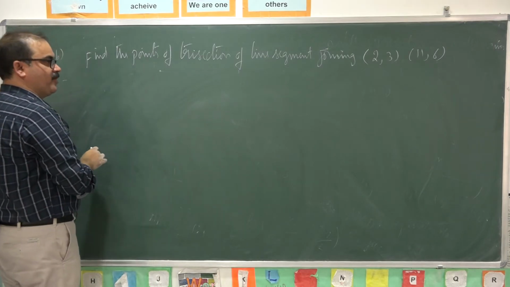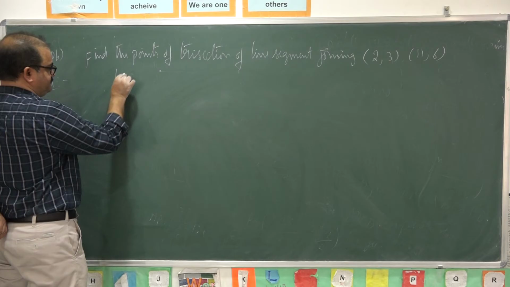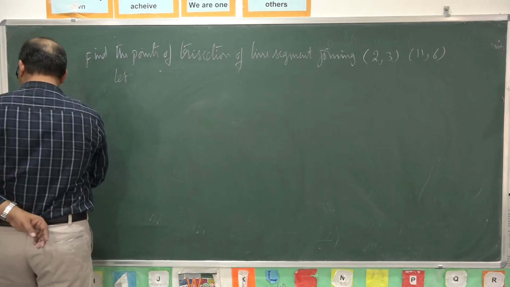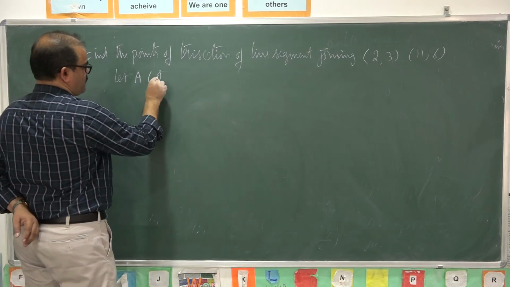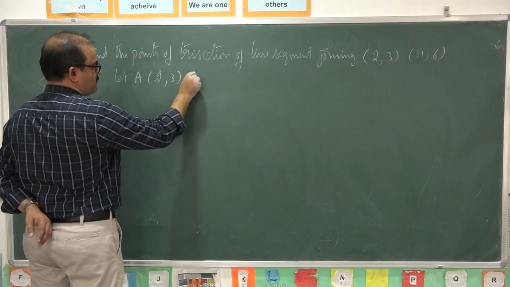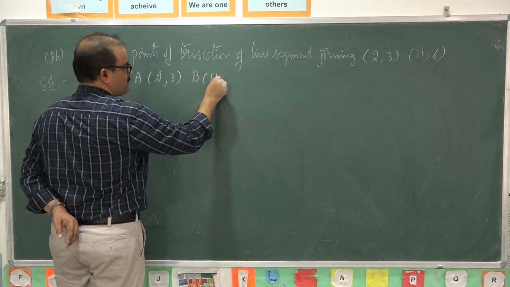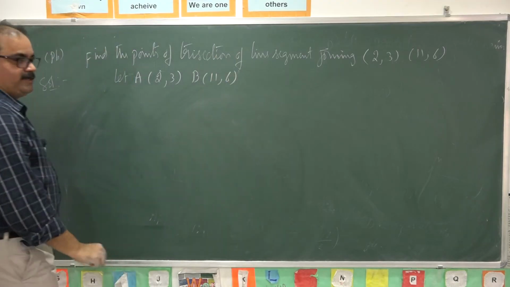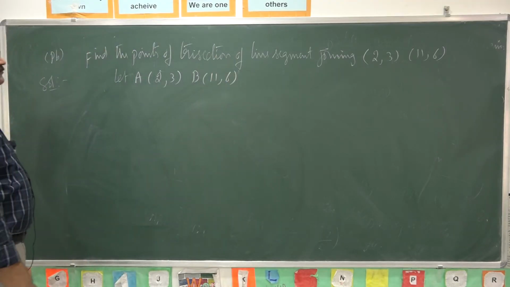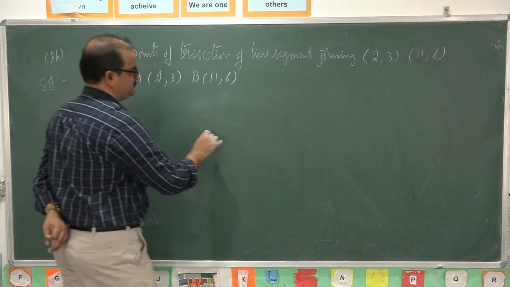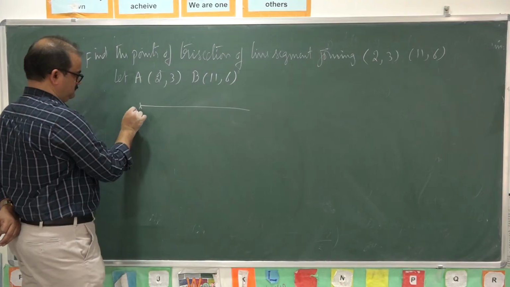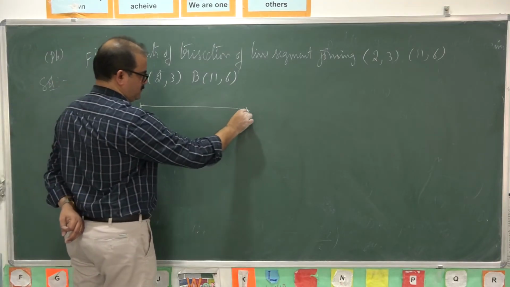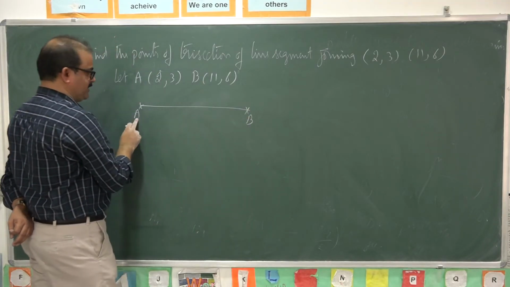Let the given points be A and B. A is (2, 3), B is (11, 6).